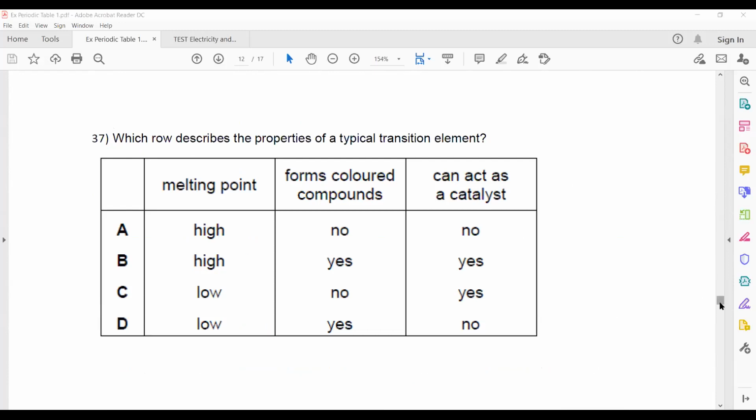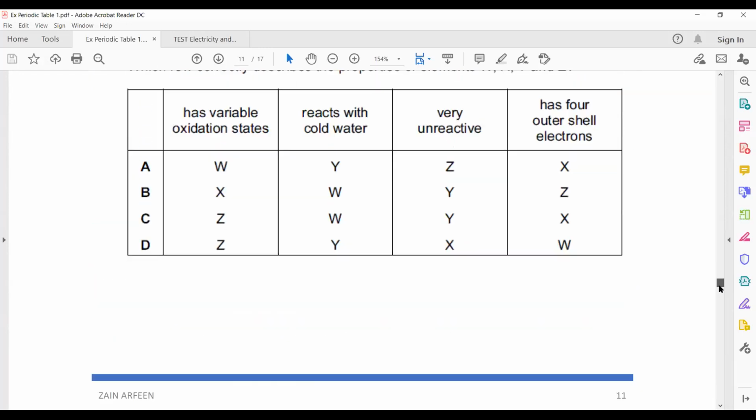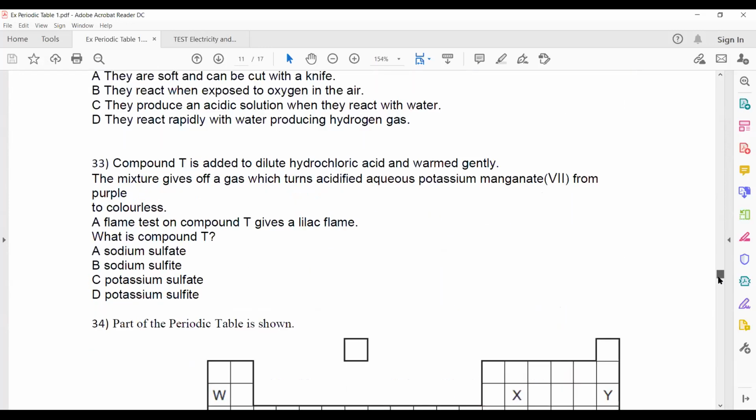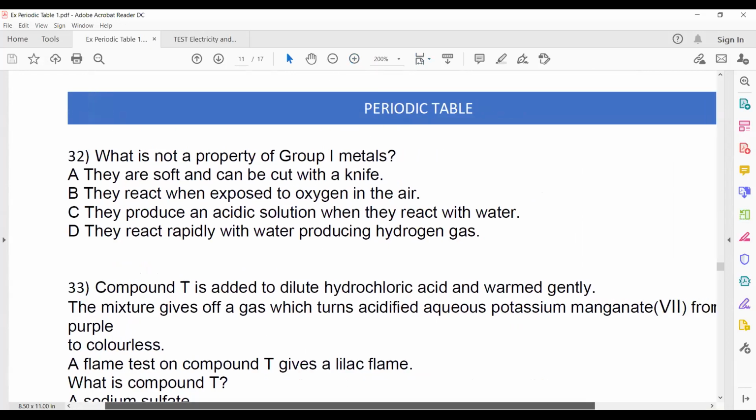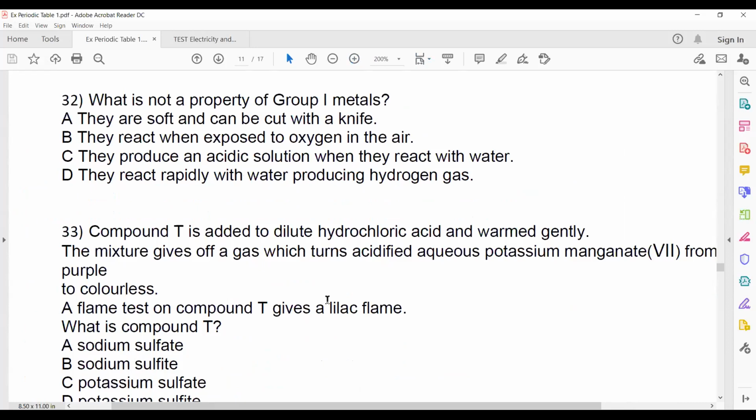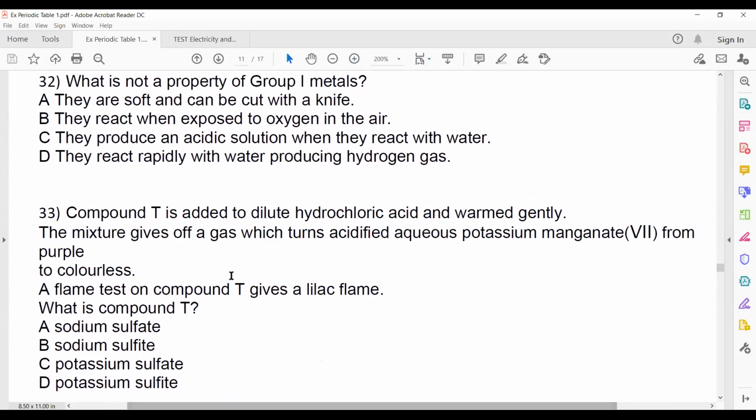Question 33. A compound T was added to hydrochloric acid and warmed.